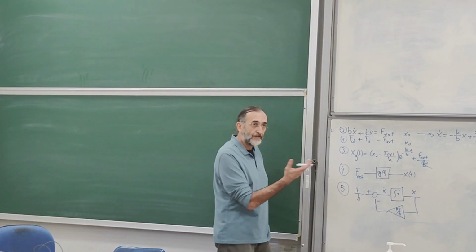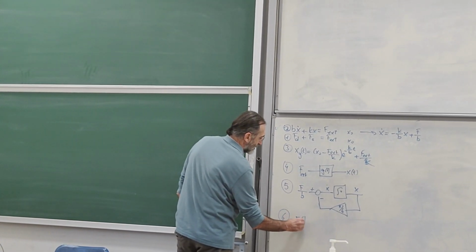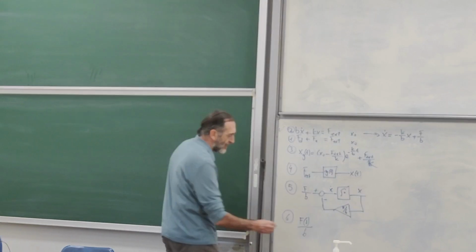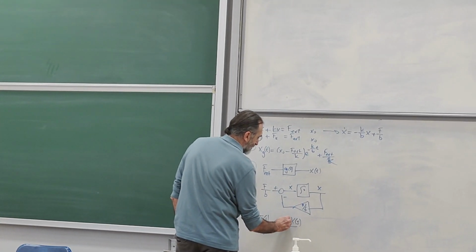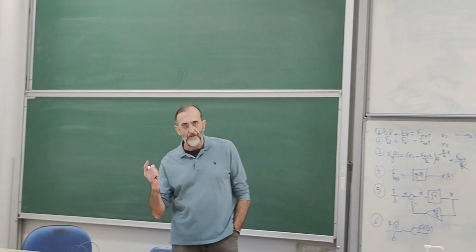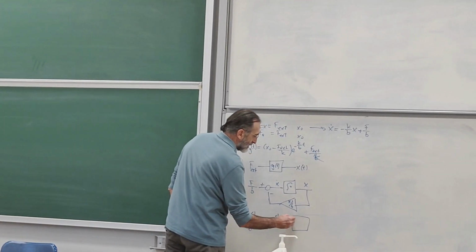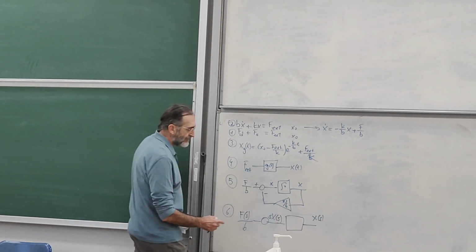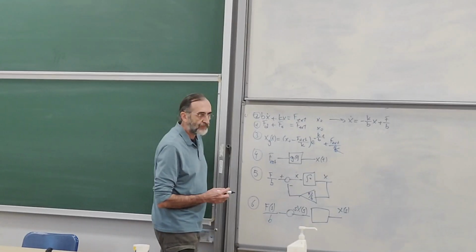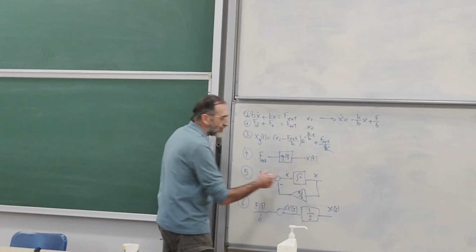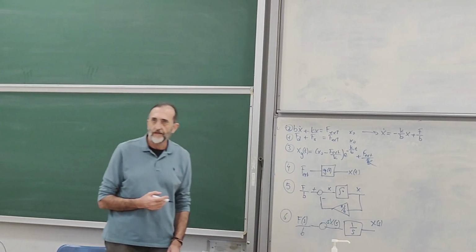Okay? And then I did the same thing in the S domain. F of S divided by B going in, now this is going to be X of S times S. Remember, the Laplace transform of X dot is S times X of S. Now I'm going to integrate it to get X of S. So if I get X dot of S into the system and get out X of S, what is the system? 1 over S. So integral is 1 over S. Integration in time domain means division by S in the S domain.